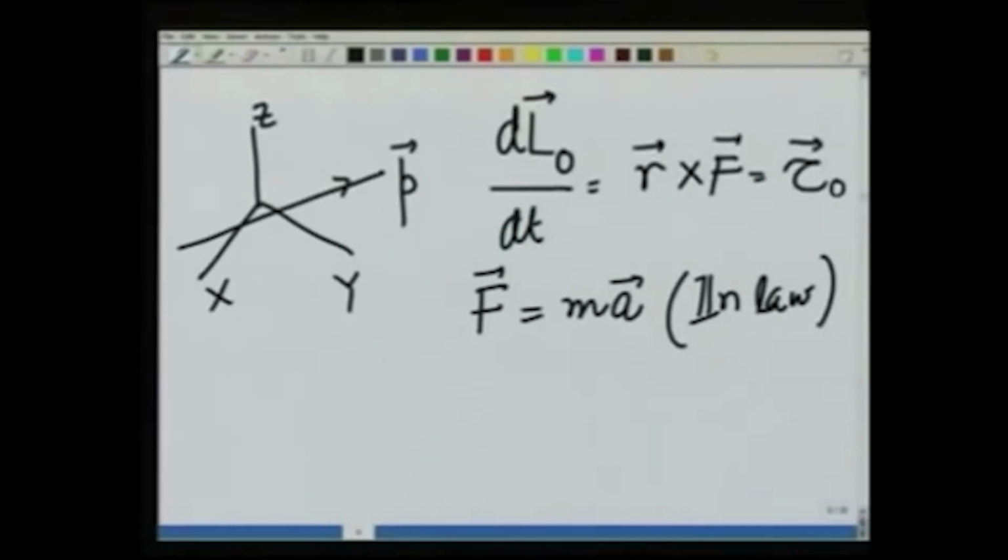Except that now, instead of talking about change in momentum, I am talking about change in angular momentum.